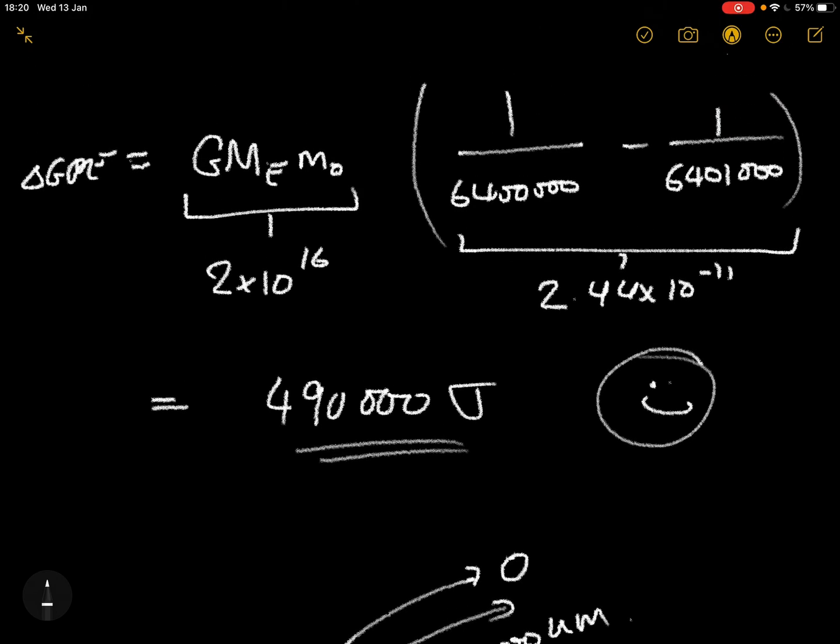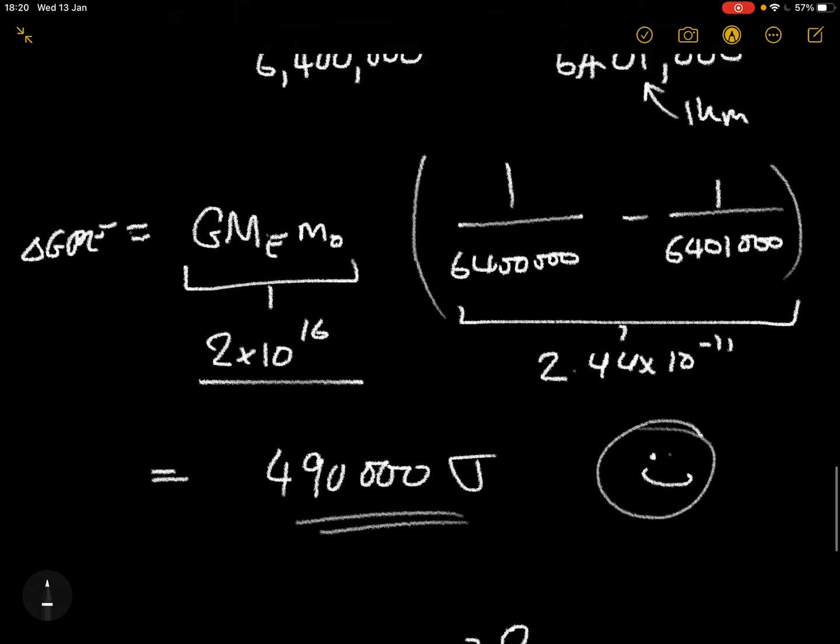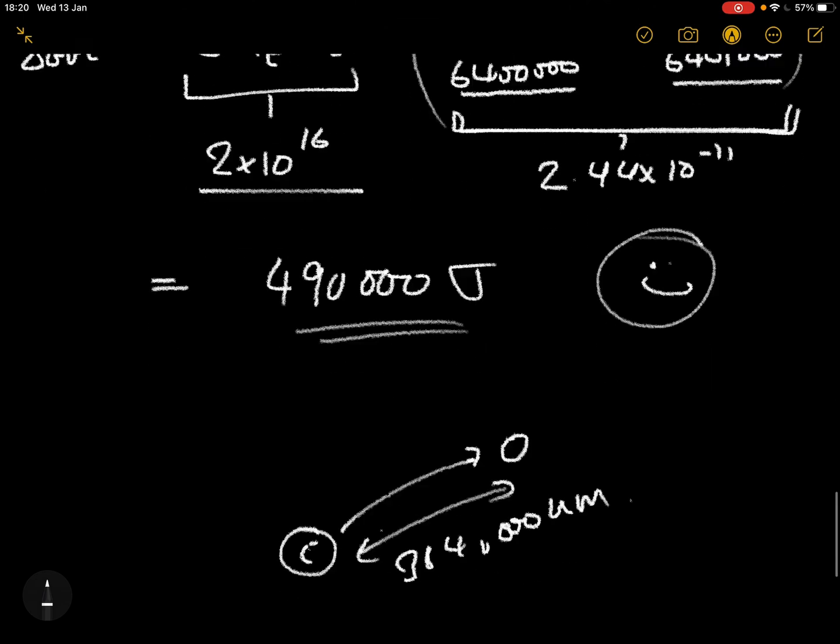So what we get is this would still be the same, this 2 times 10 to the 16, because it's the same 50 kilogram object, but this becomes a very different sort of sum. This is still the radius of the Earth, but now we've got 384,000 kilometers.